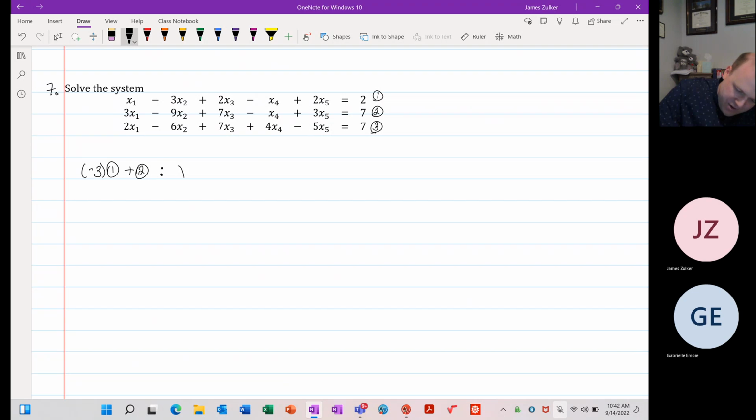Negative 6 plus 7, so we have an x3, plus 2x4, minus x5 is equal to 1. Call that equation 4. Okay.